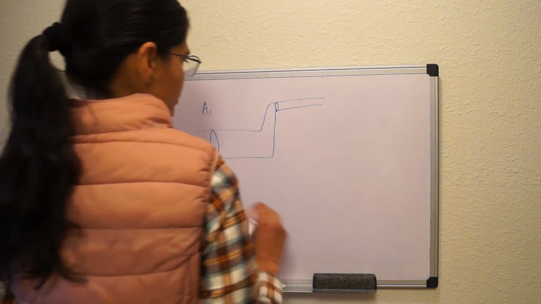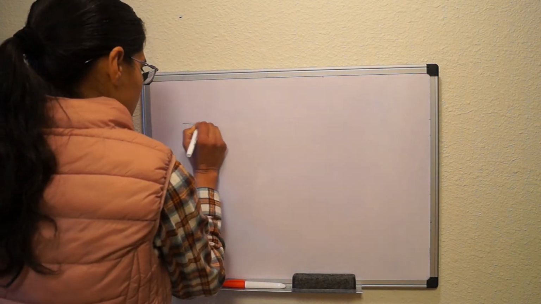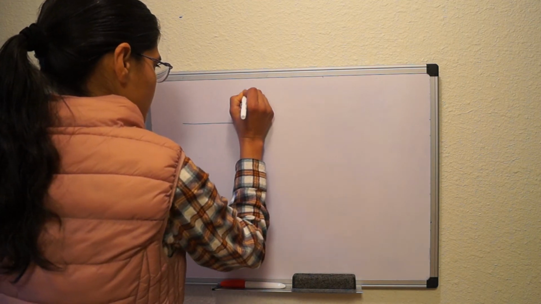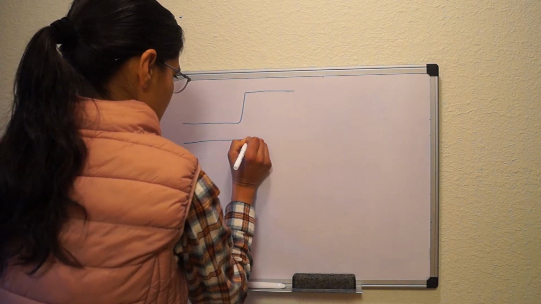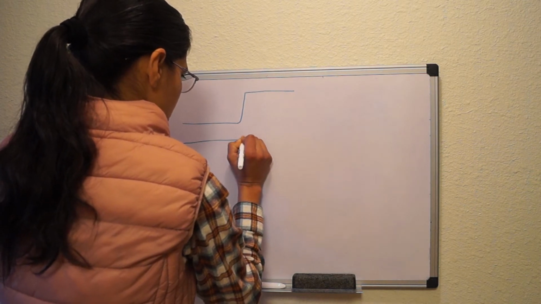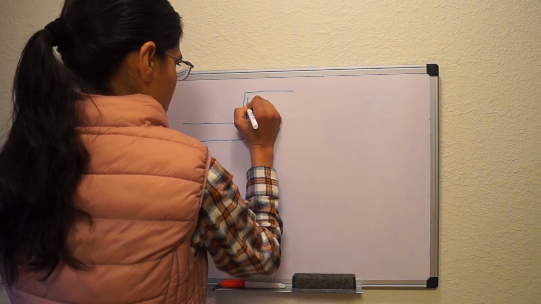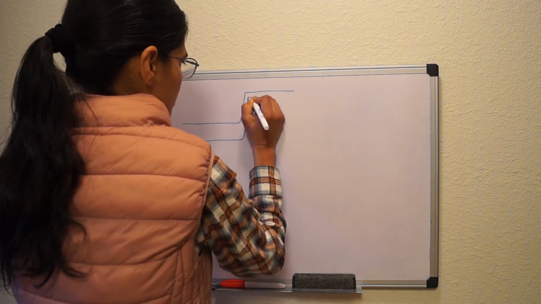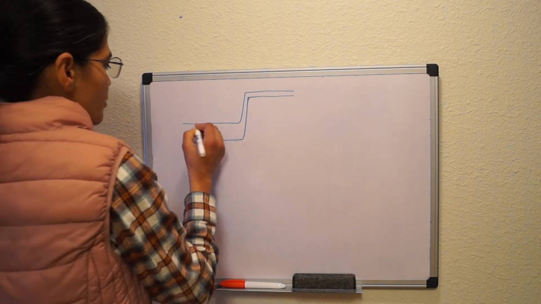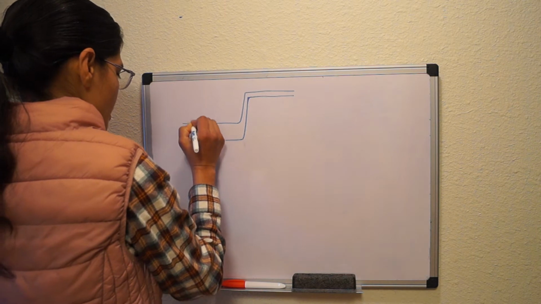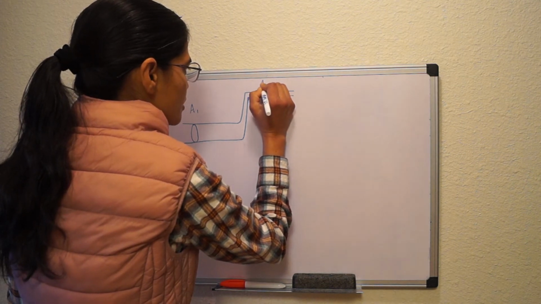Let me make this a little better. Okay. Let's say we want to take some cross-sectional area A1 here, and then let's take some cross-sectional area A2 here, okay?